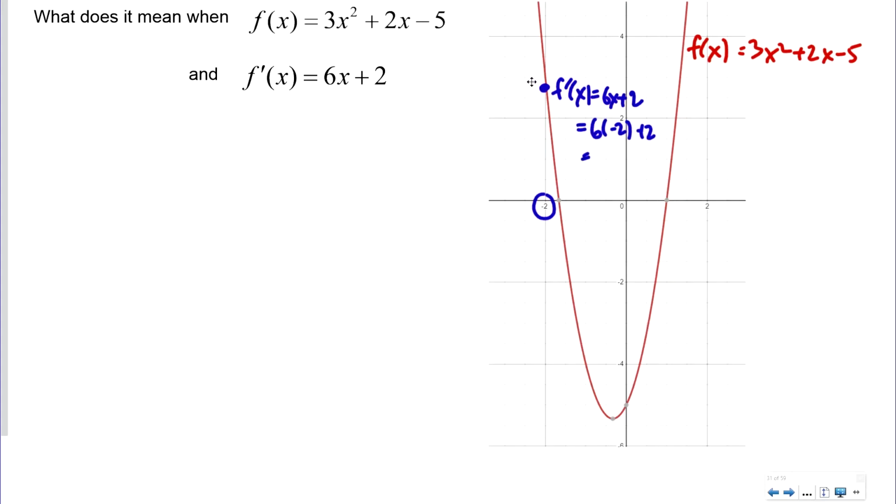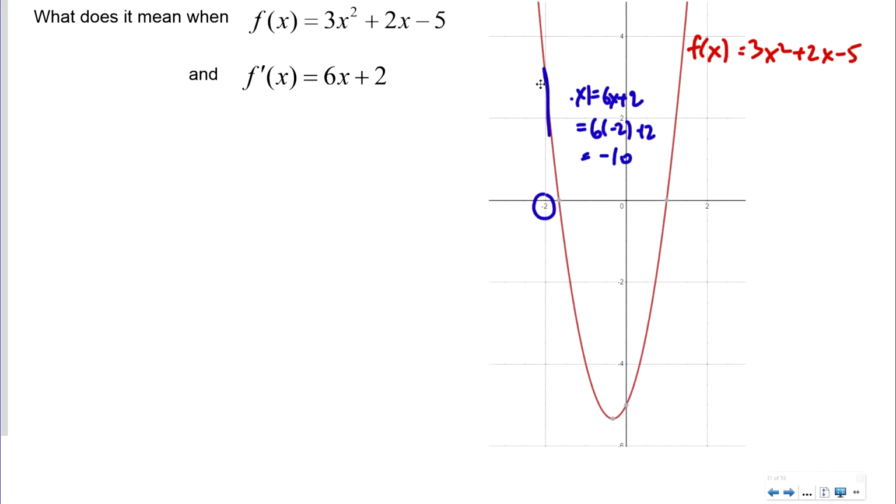And so the derivative right here, which means if I got closer and closer to this point, so close that it looks like a line, and if I found the slope of this line, the slope of that line would be negative 10. Does it look like that slope would be negative?